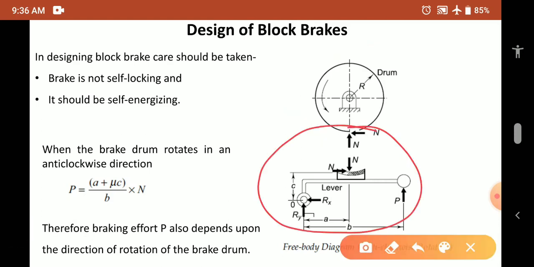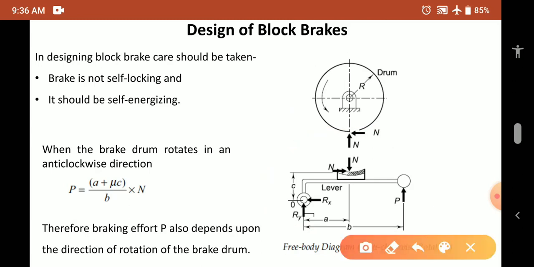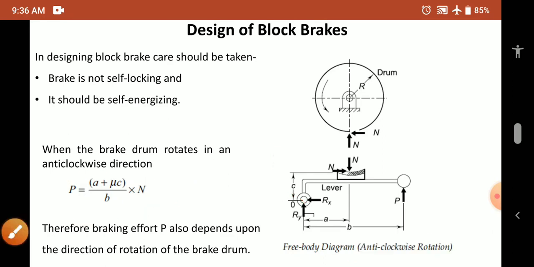Following a similar procedure, taking the moment of the forces about this hinge point O and simplifying this equation, we will get P equal to (A plus mu C) divided by B into capital N. This is the actuating force required to actuate the brake. So the braking effort P also depends upon the direction of rotation of the brake drum.